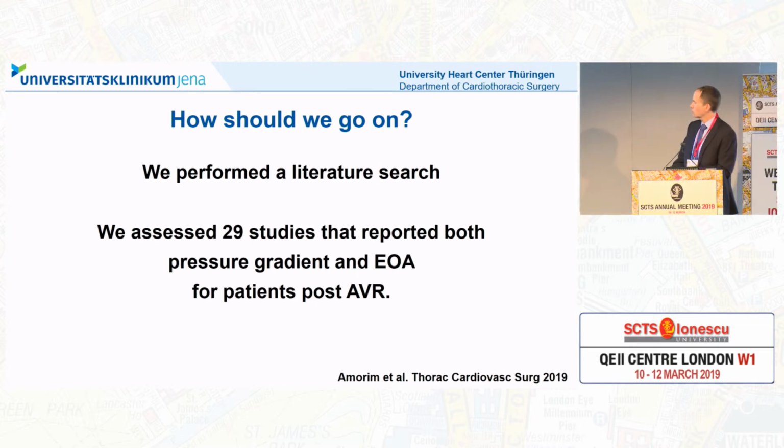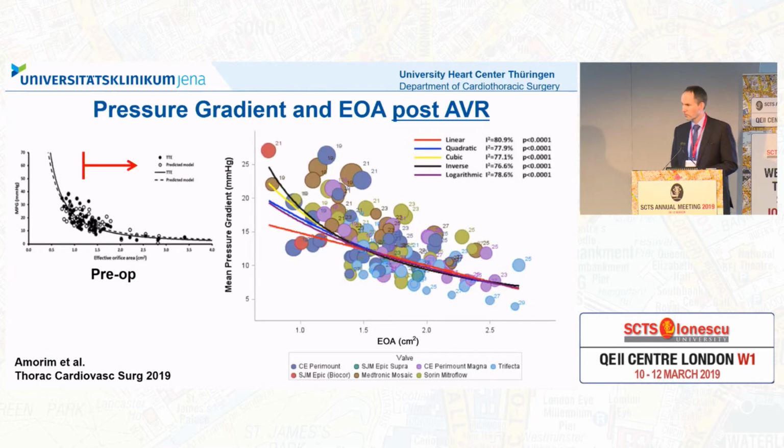What does it mean? So what we did, we performed a literature search, and we looked at all the studies that presented post-operative effective orifice area measured in the individual patient plus the pressure gradients. And we related that. This is the image that I showed you as pre-op, where after 1 centimeter square there was this.